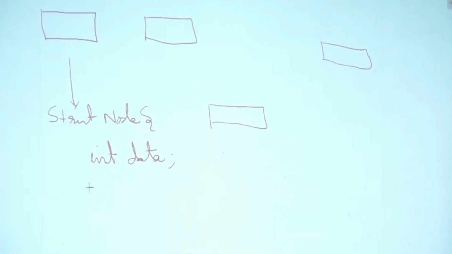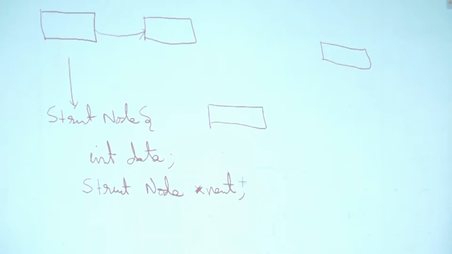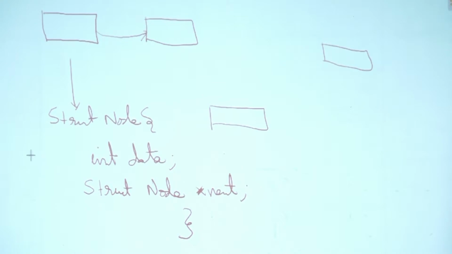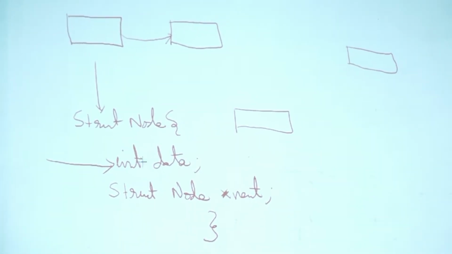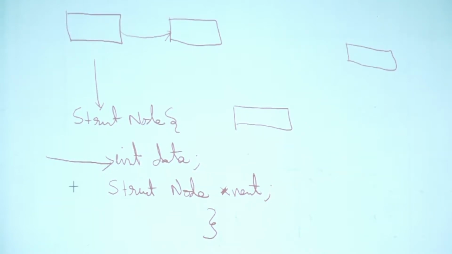What is important is how you create a link to the next node, and how you define that in a structure. So this is what you use: struct node star next. Okay. This is crucial. So struct node for us consists of all the data we have fused into data, let's say. And the important thing is this guy.